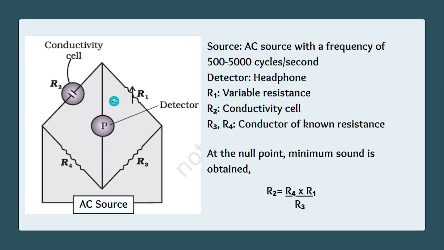At this point we know R2 will be equal to R4 into R1 by R3. So we are able to calculate the value of the resistance of the conductivity cell. But the question is, how do we calculate the conductivity? This is the basic setup of how we connect a Wheatstone bridge to the conductivity cell.